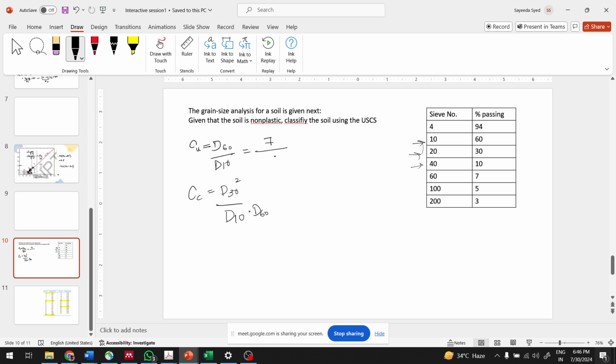Sorry, not 7 over 60. We need the values of sieve openings for sieve number 10, sieve number 20, sieve number 40.